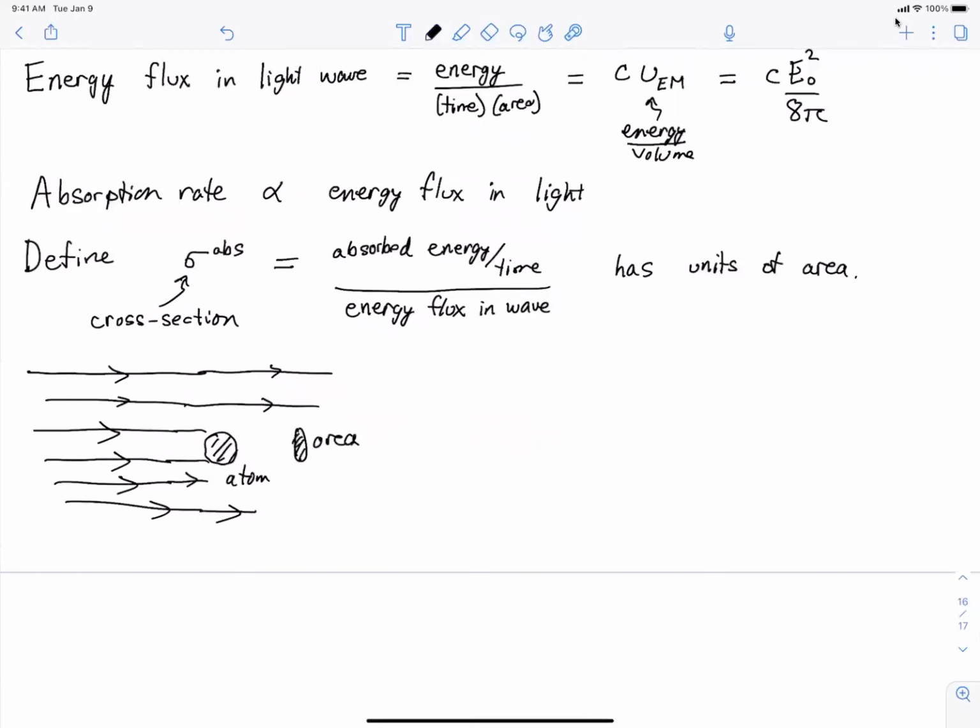It's not equal to the area of the atom, but it's proportional to it, because some of the light will just make it through without interacting with the atom. But that's why the cross section has units of area. Okay, so this cross section is the effective area of absorption.